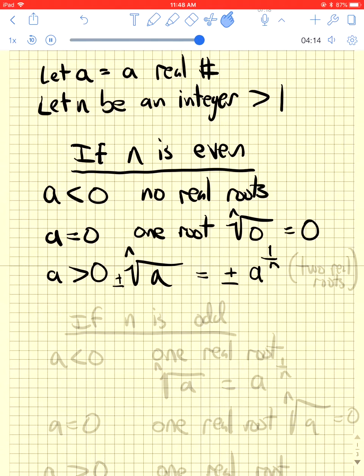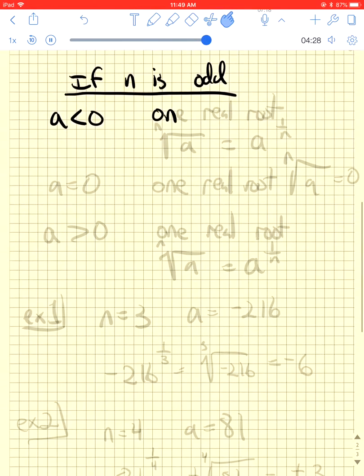If n is odd, we have a set of other rules. If a is less than 0, then we have one real root, which will be the nth root of a, which is a to the 1 over n. Still, I should put up here, for n even this is two real roots.